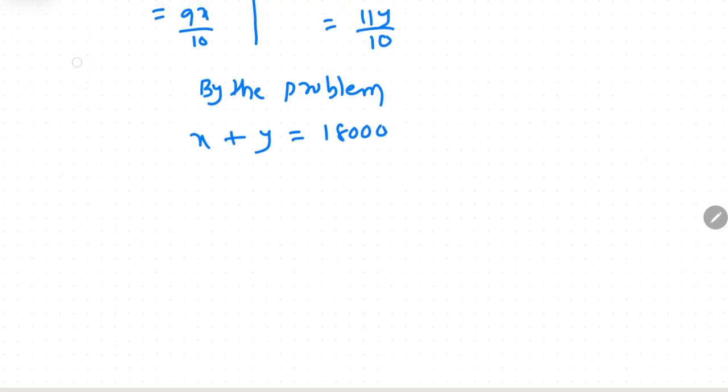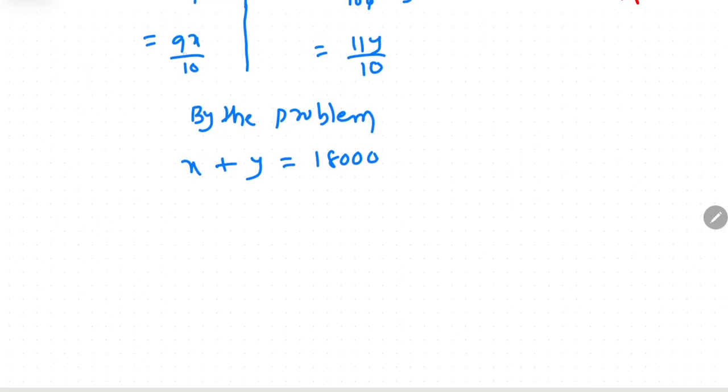The selling price of table plus selling price of chair is equal to 4% on 18,000, so 104.